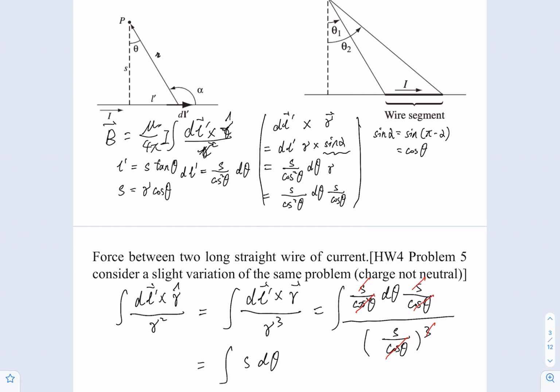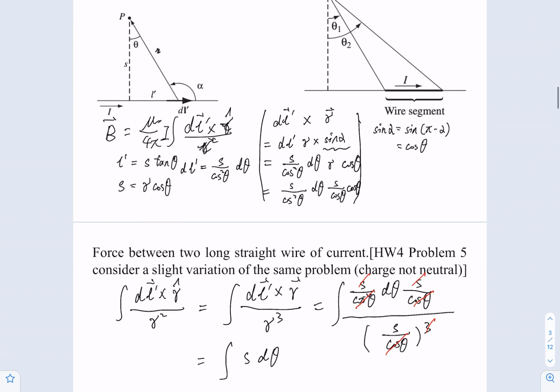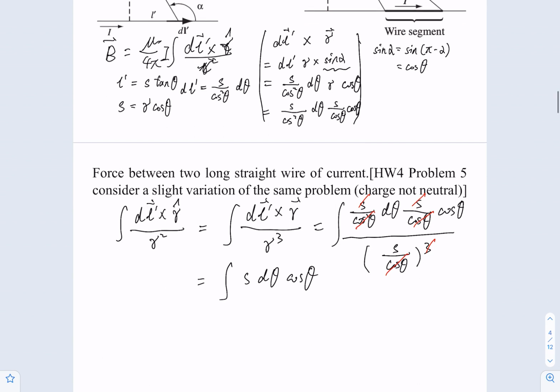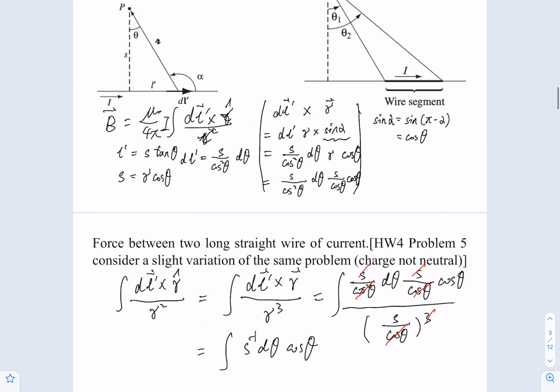The sine alpha also provides a cosine theta term that I didn't include, so there should be a cosine theta term here, and this should be an s to the power of -1.